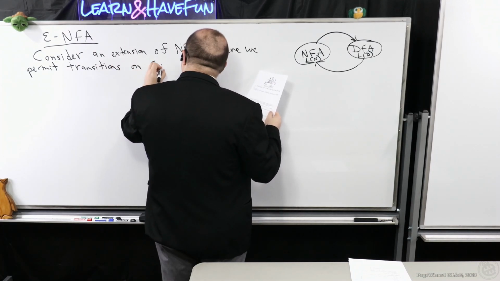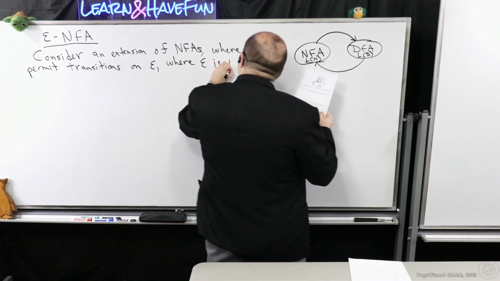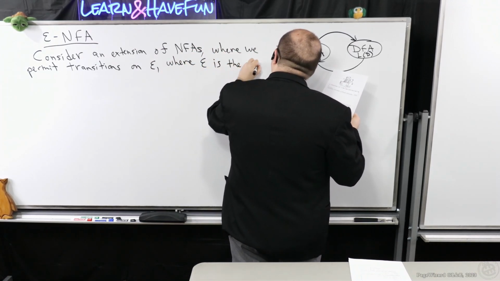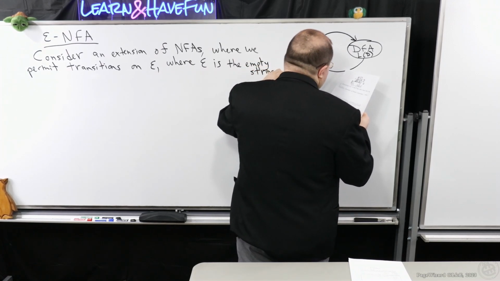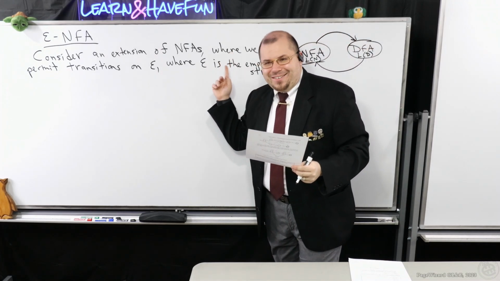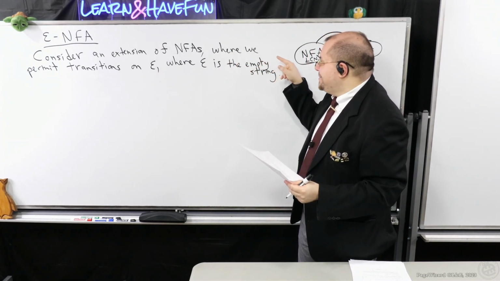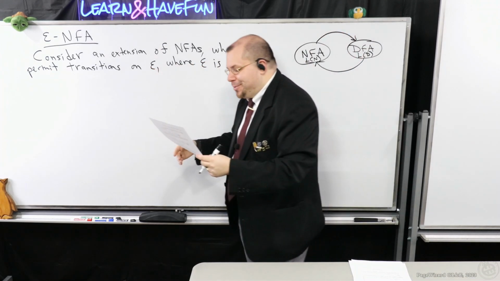And remember, epsilon is the empty string. You might ask, what does that even mean? What does it mean where it can transition on the empty string? Let me put it in other words for us.